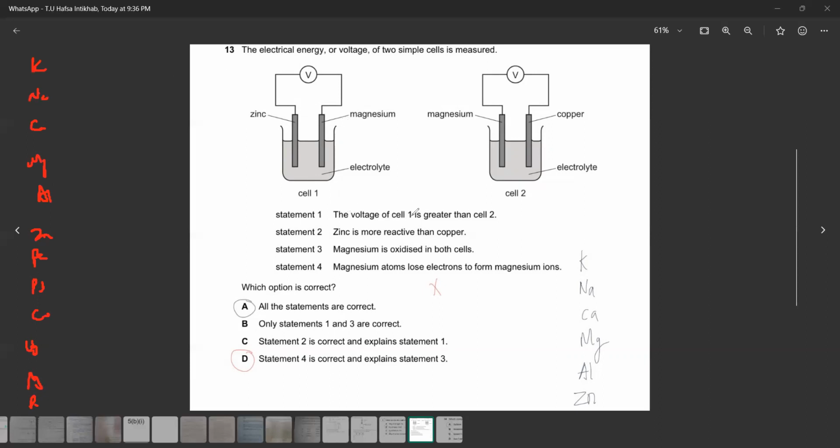The first statement: the voltage of cell 1 is greater than cell 2. So cell 1 is zinc and magnesium, and cell 2 is magnesium and copper.